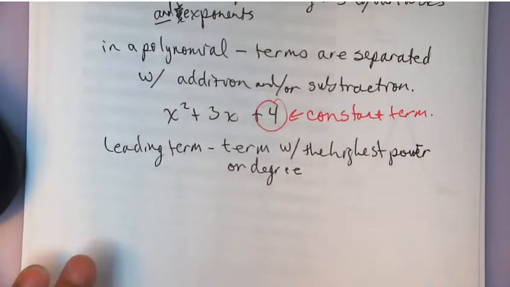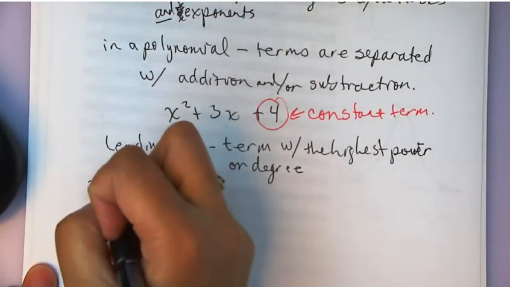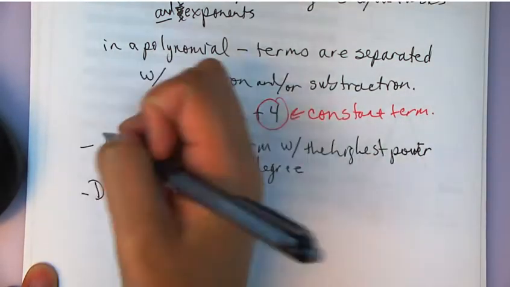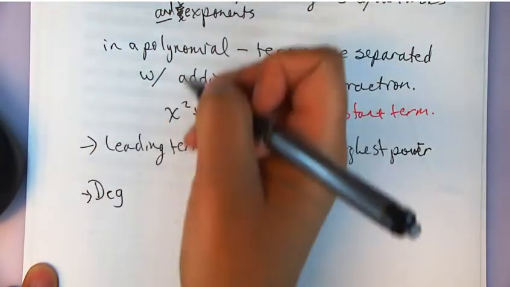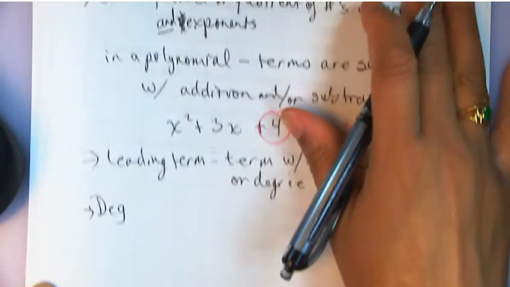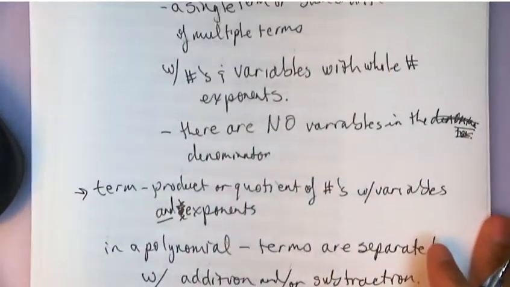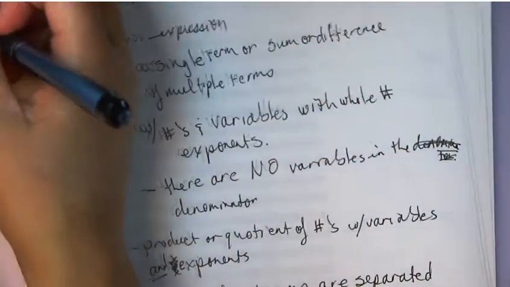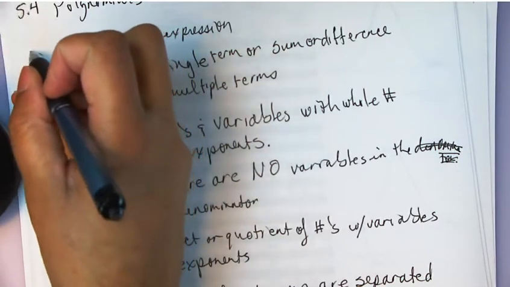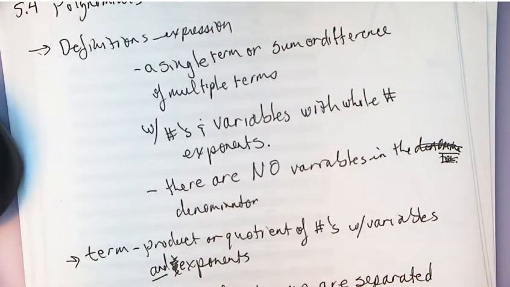Well, what is a degree of a polynomial? I'm just going to put arrows so we know main ideas, to give us some type of organization in our notes.